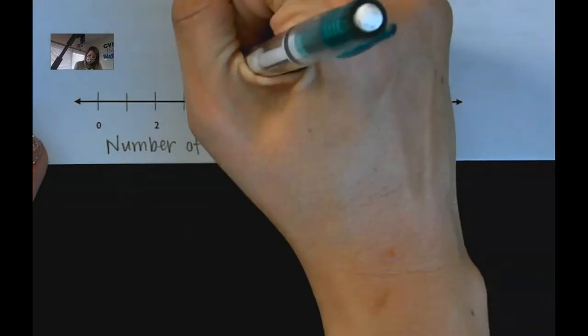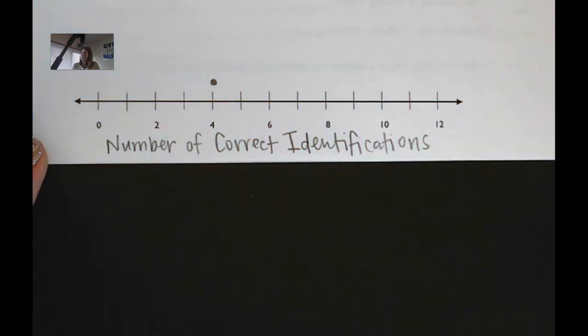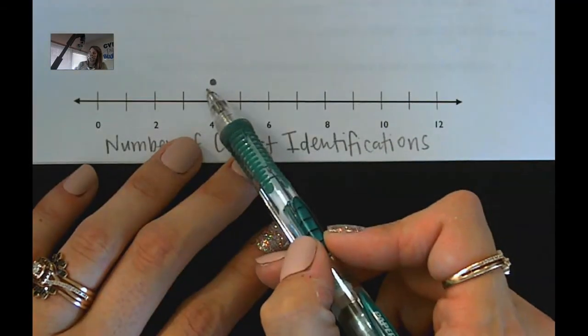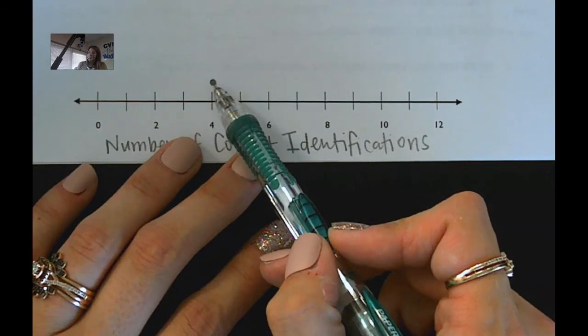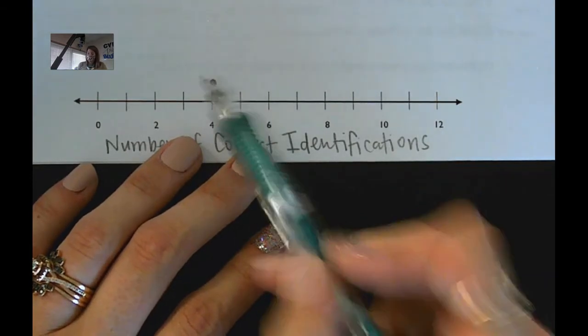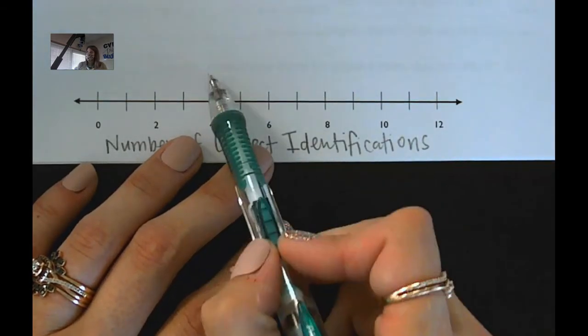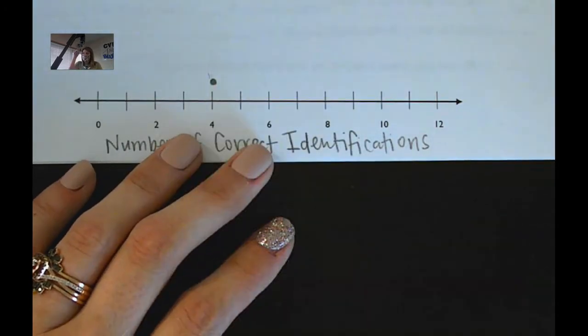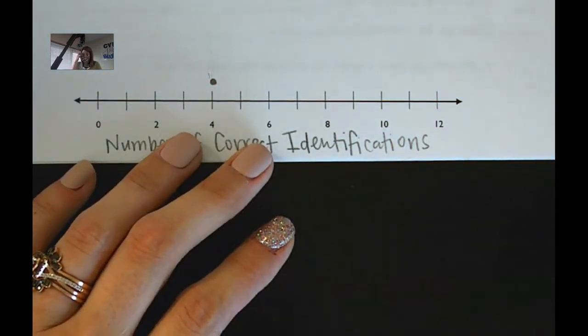So we're going to put a dot above the 4 tick mark. Now, when we start adding the rest of the dots, you want to make sure that they're the same size as this one. And you also want to make sure that up to down and left to right, they're in the same position. You don't want your dots to be in between each other.